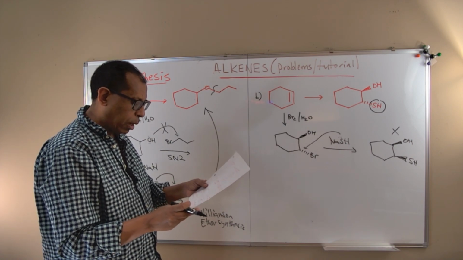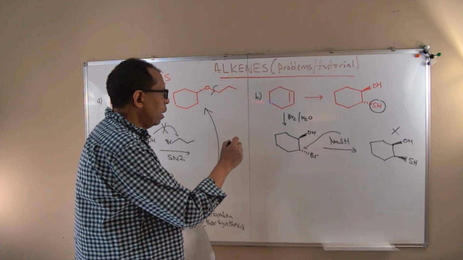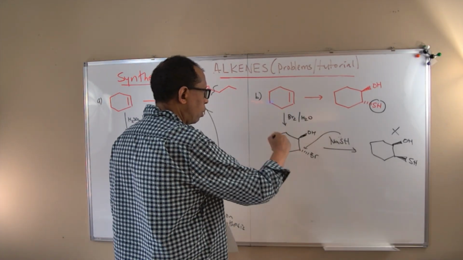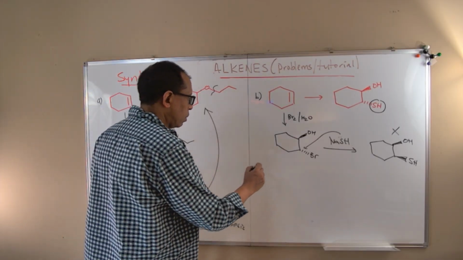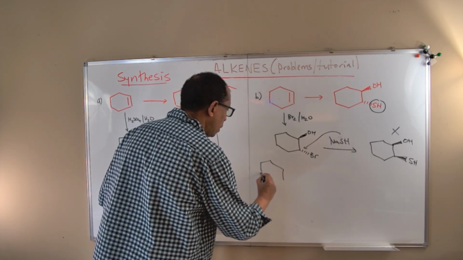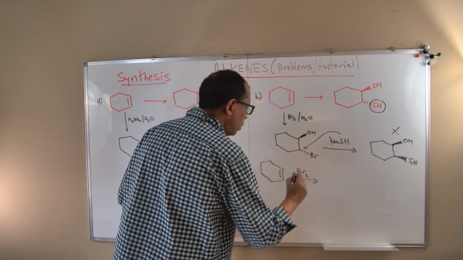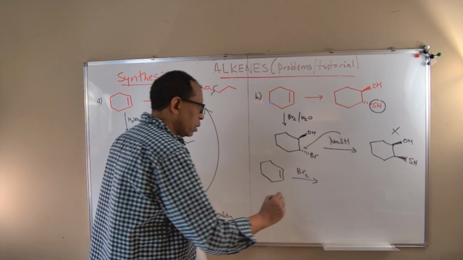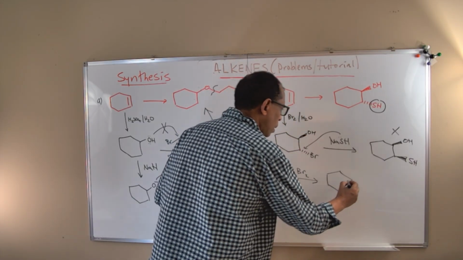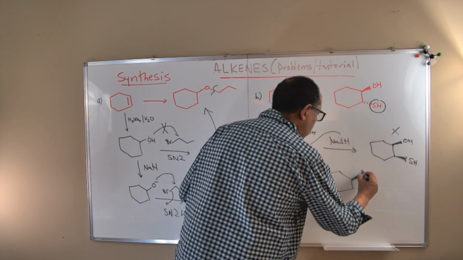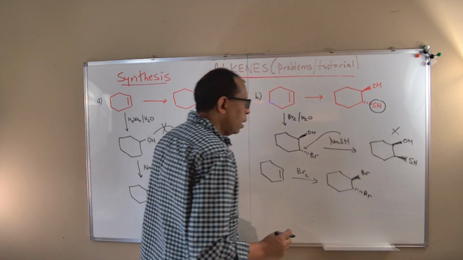So what I would propose is, instead of going through a bromohydrin, I would go through a dibromo compound. From cyclohexene, if I make the dibromo compound, it would give me an anti-addition, one bromine up and one bromine down.